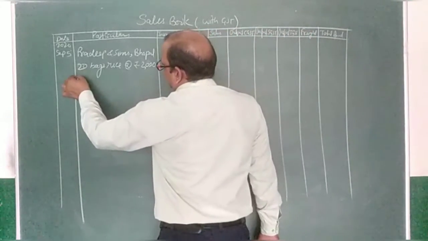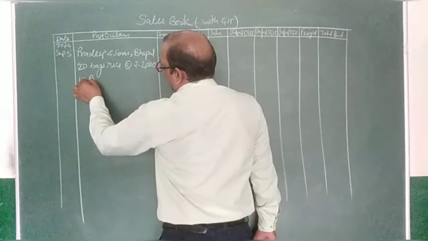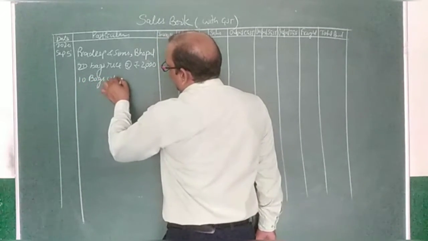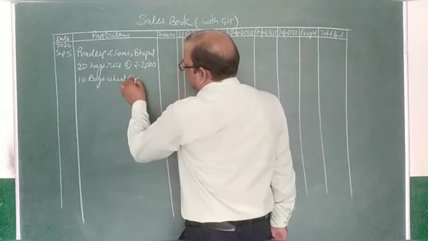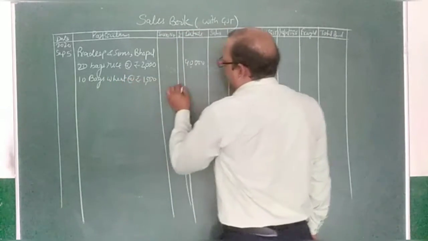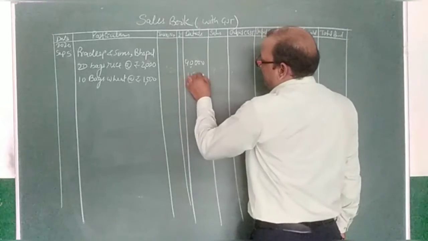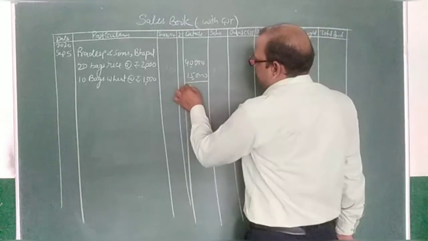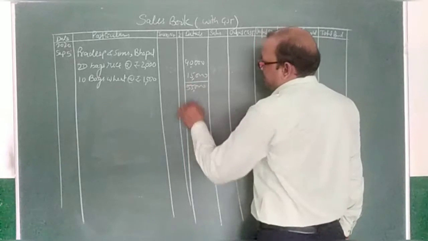You have also sold 10 bags of wheat at the rate of rupees 1,500, so the amount will be 15,000. See, the total is 55,000.